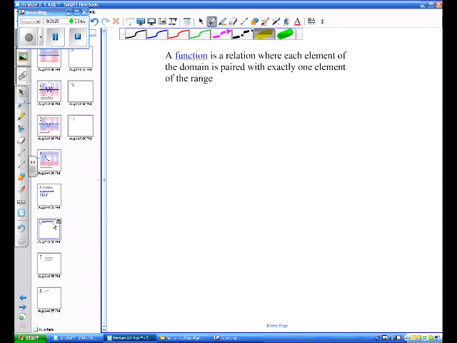Let's look at another example. If we had the relation (1, 2), (3, 4), (5, 6), this would be an example of a relation, and this is also a function.